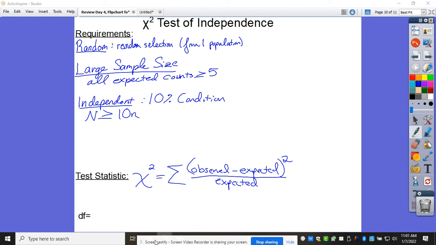Every time it is a chi-square goodness of fit, it's not really a name, but it's like a one-way table. So anytime it's a chi-square independence or homogeneity, it is a what? Two-way table, which means how do I find my degrees of freedom of a two-way table? I have to do it this way and this way, so it's number of rows minus 1 times number of columns minus 1.